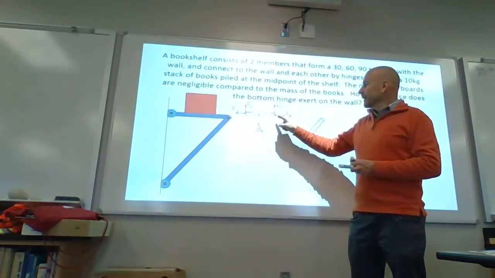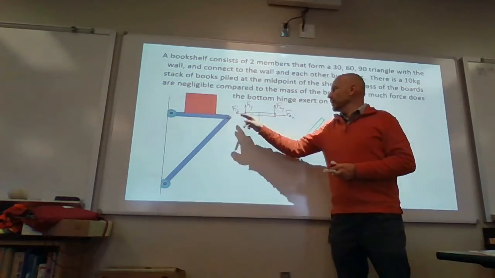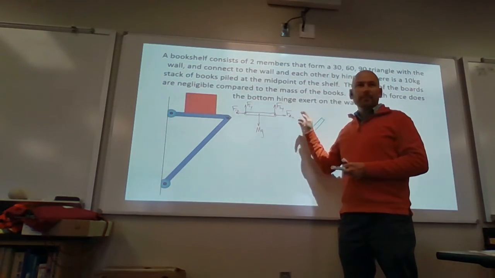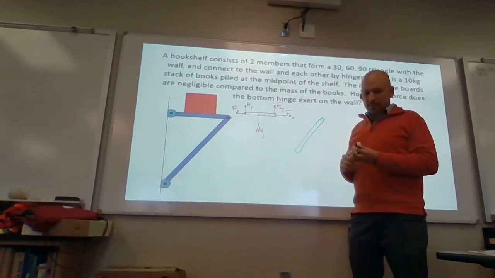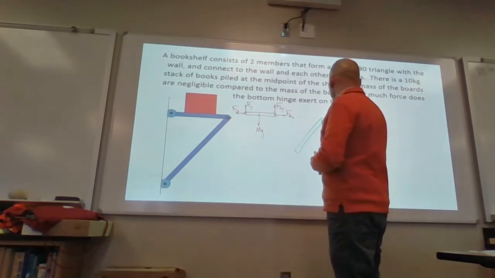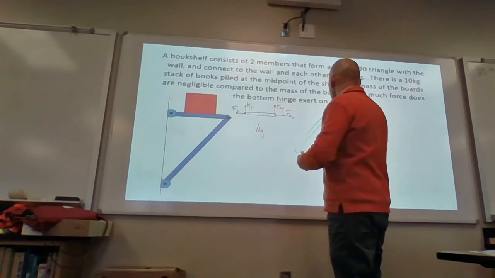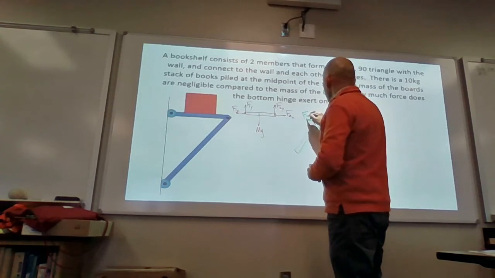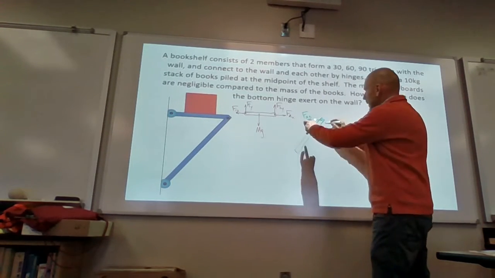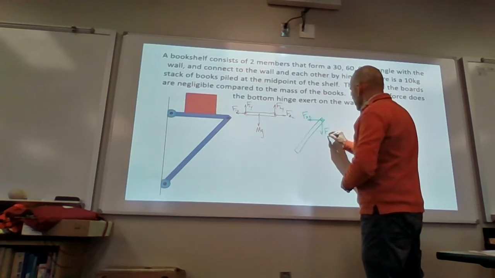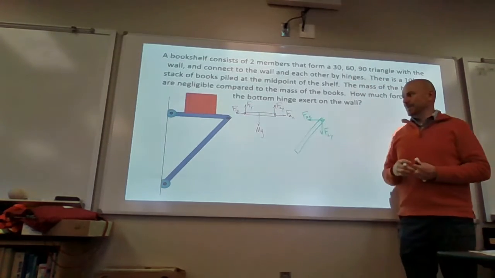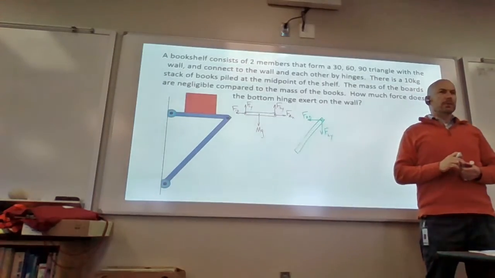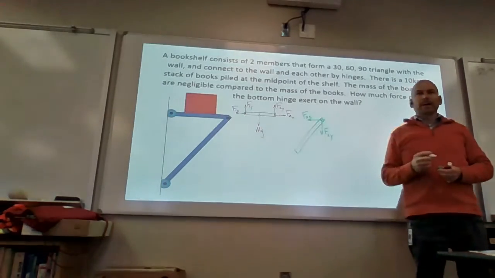This has to obey Newton's third law. Has to. This is still the same force, just you have force 2x and force 2y. That has to be in the opposite direction of that and equal magnitude.